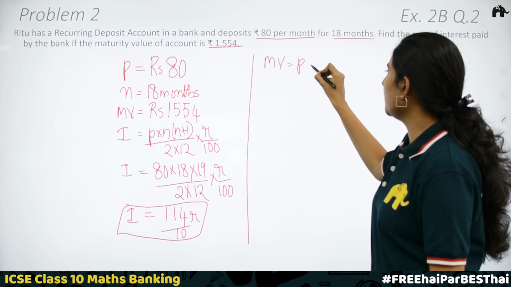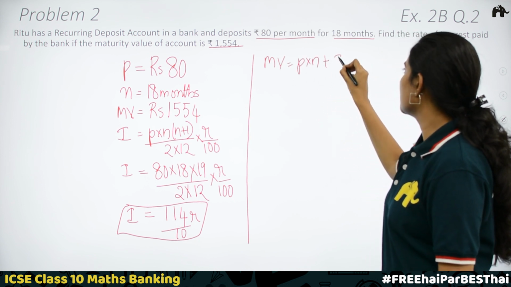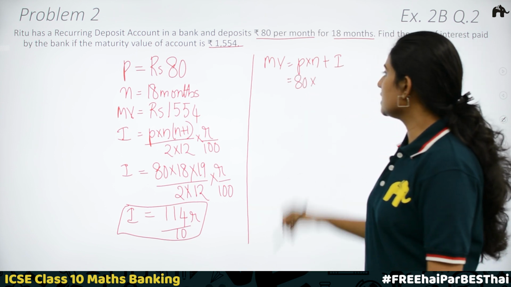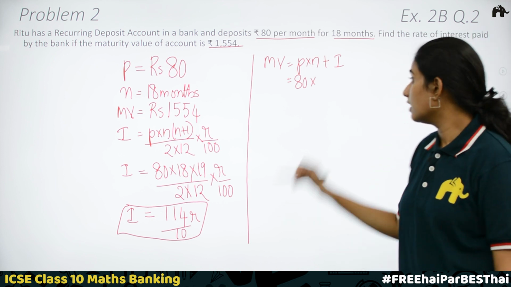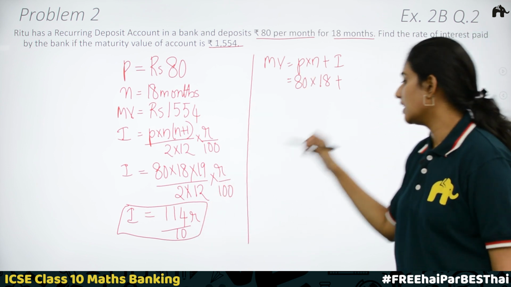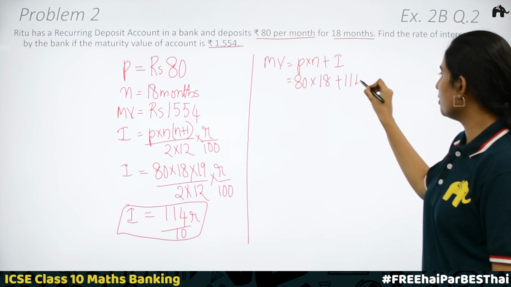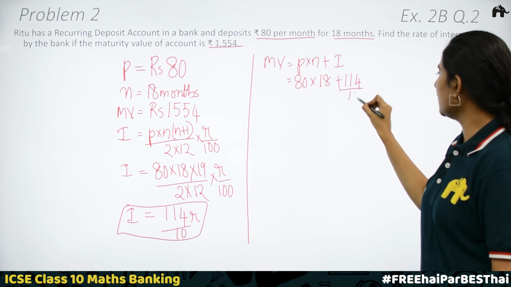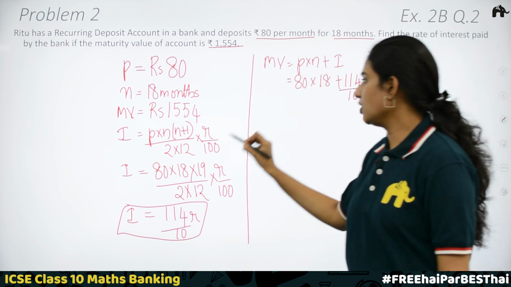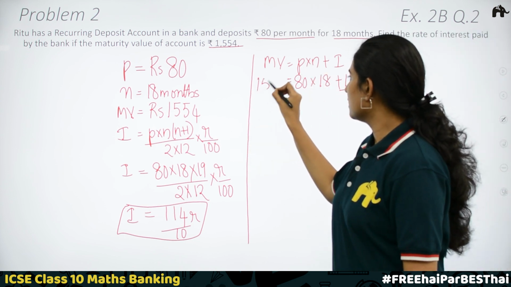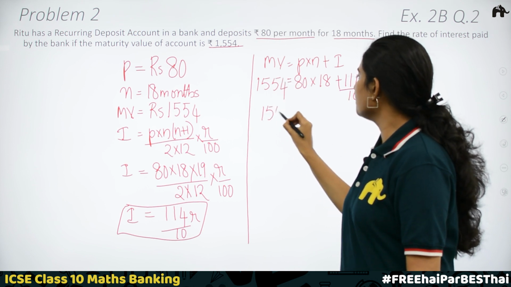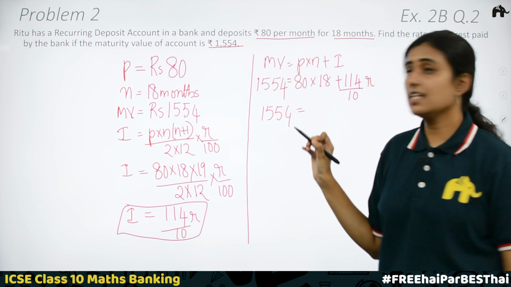Maturity value is equal to P into N plus I. Here, P is equal to 80 into 18 plus I. We have I in terms of R, that is 114 by 10 into R. We know the maturity value, that is 1554. 1554 is equal to 80 into 18.